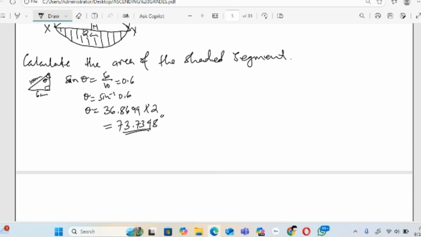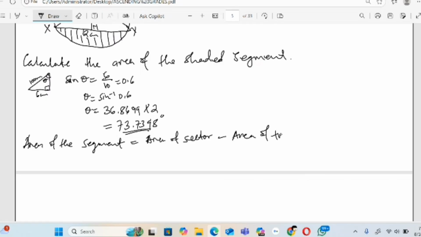So we go and find the area of the segment. On this, the area of the segment, we are going to find area of sector minus area of triangle.